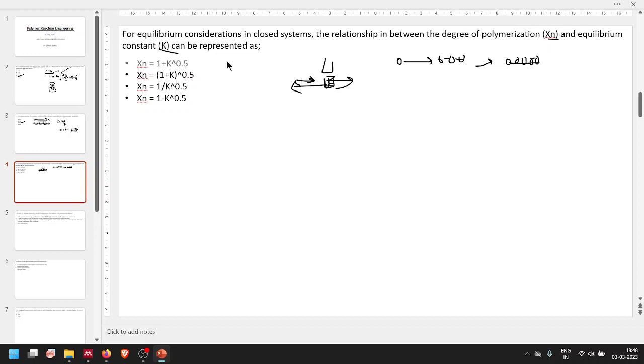So that would be affecting the degree of polymerization in this way. The root of the equilibrium constant is very sensitive in determining the degree of polymerization, as I've explained right here, that once the equilibrium is reached, the polymerization process would halt, and the degree of polymerization in the longest chain would be controlled with respect to that.